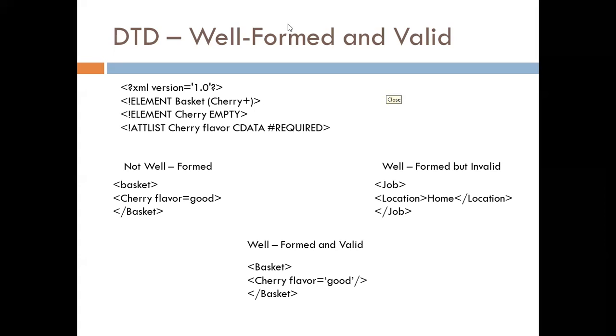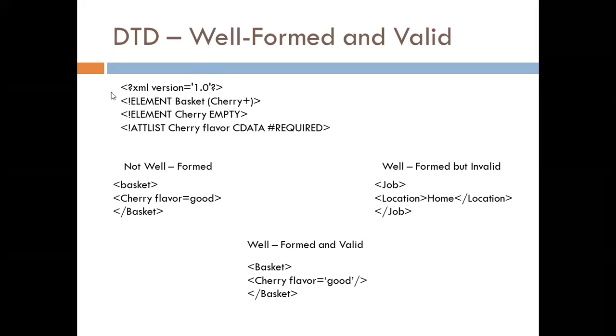We also saw the syntax for defining the DTD. DTDs will decide whether an XML is according to the format or not. Basically, the format for an XML file is defined through DTD. And using DTD, we will decide whether an XML file is well formed, valid, or invalid.